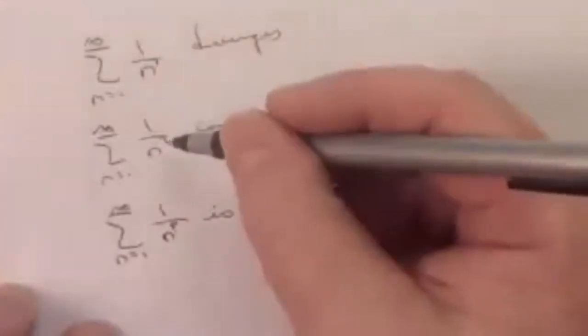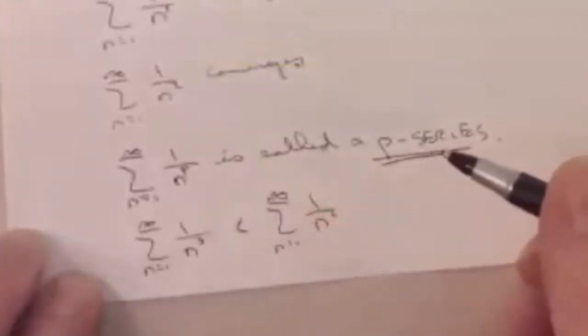As you can imagine, if I looked at the series 1 over n cubed, well, these terms, 1 over n cubed, are smaller than 1 over n squared. And so if the 1 over n squared series converges, which it does, then we would expect that the 1 over n cubed series is going to converge also, and it does.